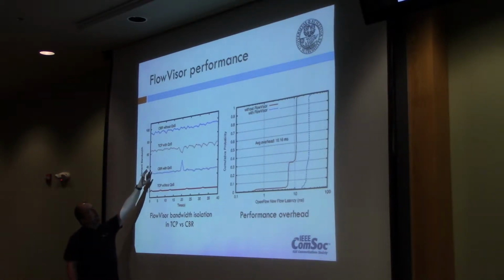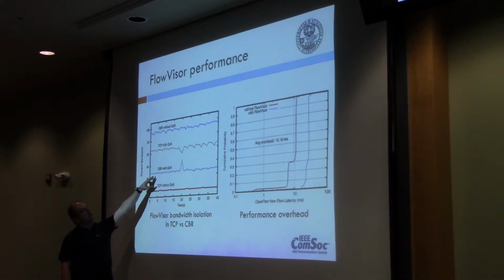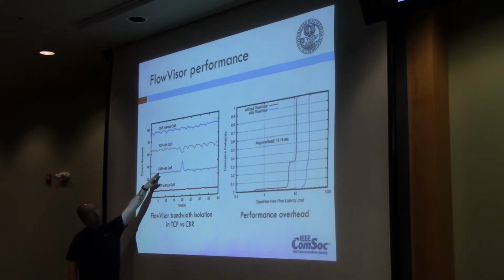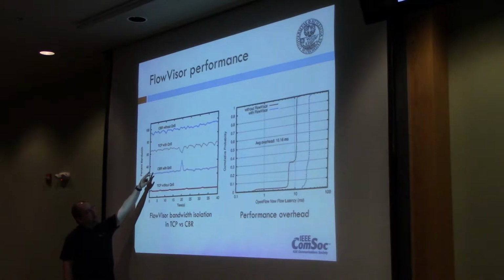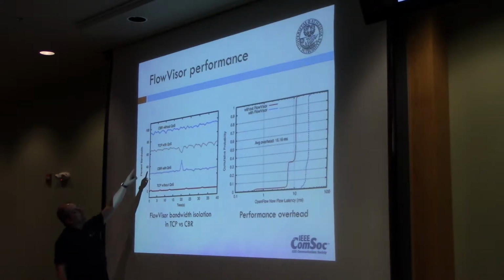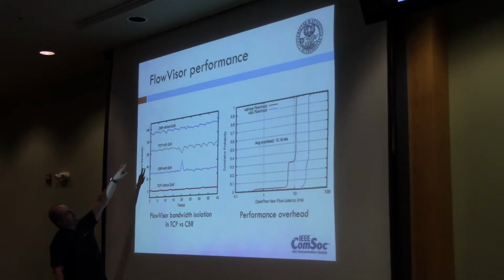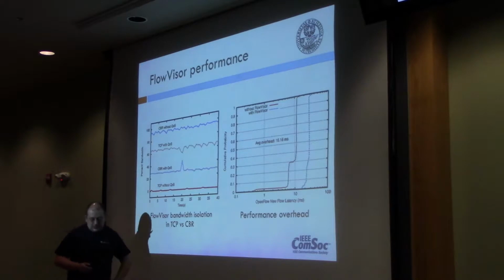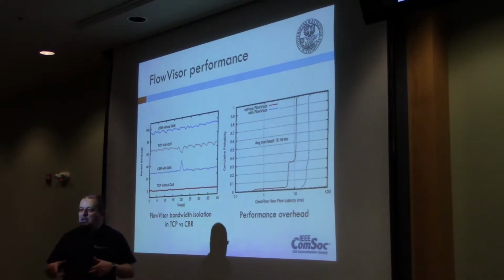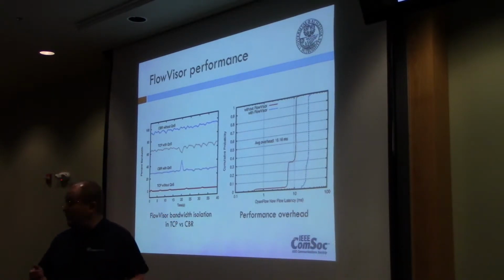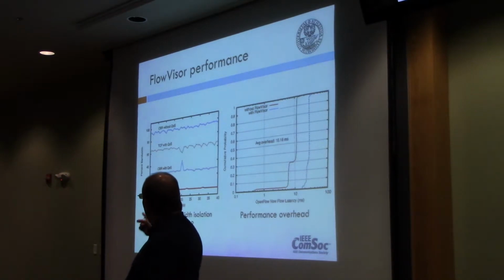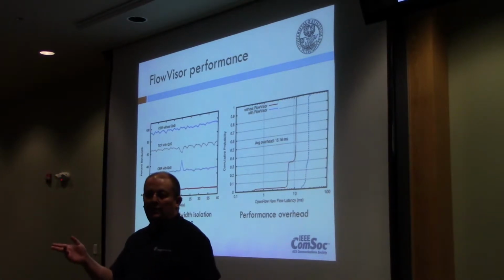Without FlowVisor, if someone injects a constant bitrate flow, which is UDP, look at the bold ones. So the highest and the lowest. In this case, 2 flows are injected in our system, one is TCP and one is constant bitrate, so this UDP.